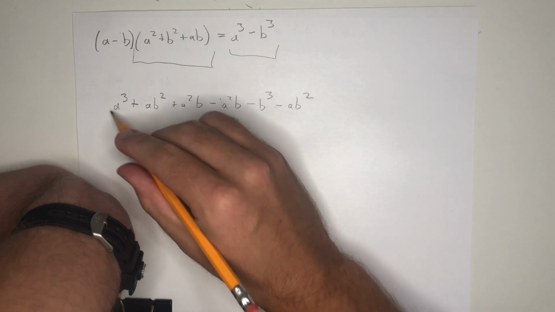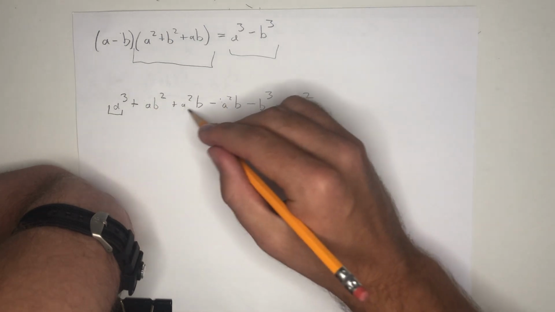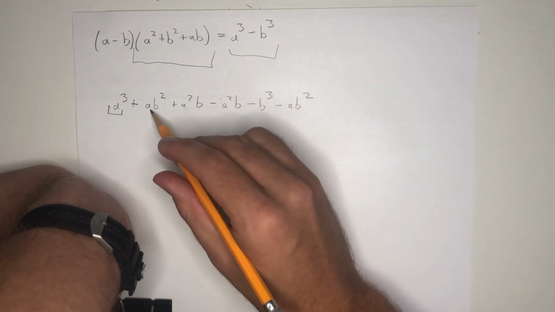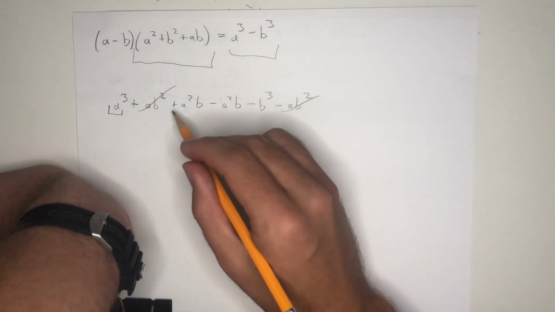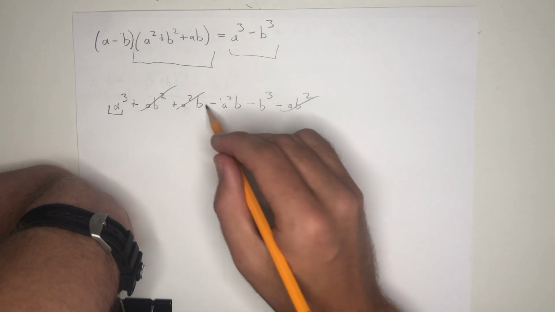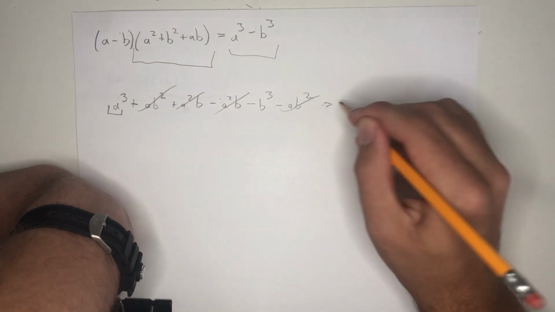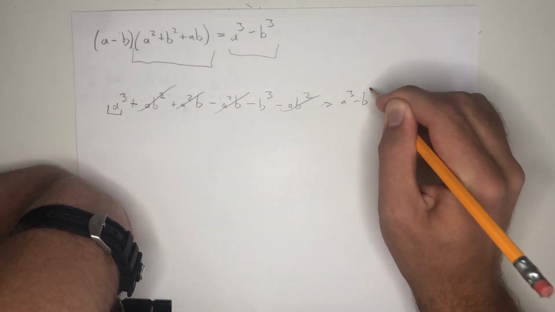So you can see that this would stay. This would be canceled out by this. This would be canceled out by this. And we just get a cubed minus b cubed.